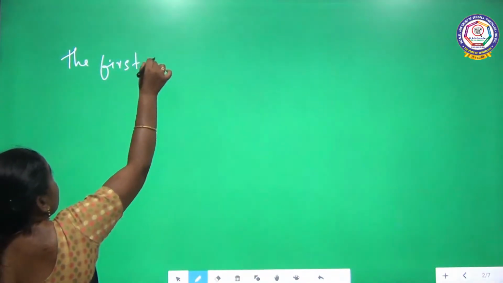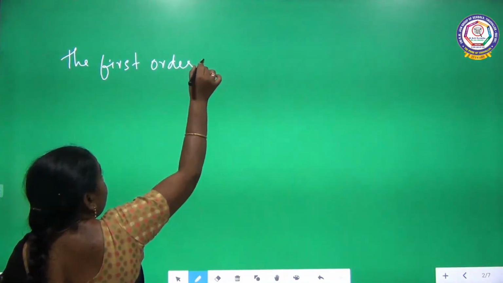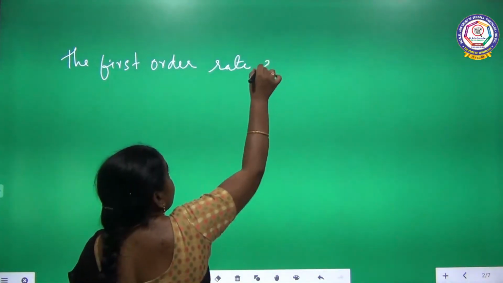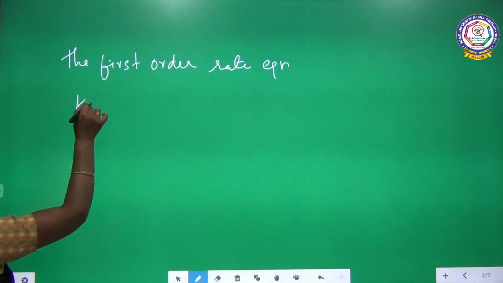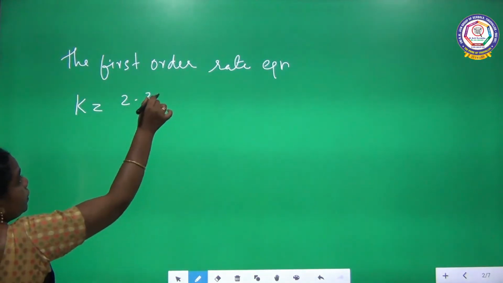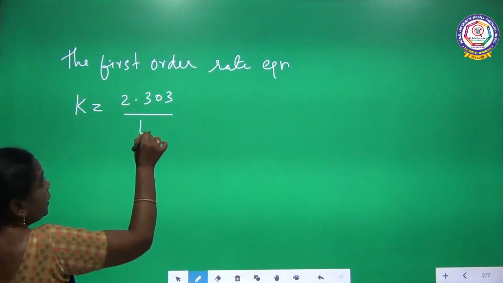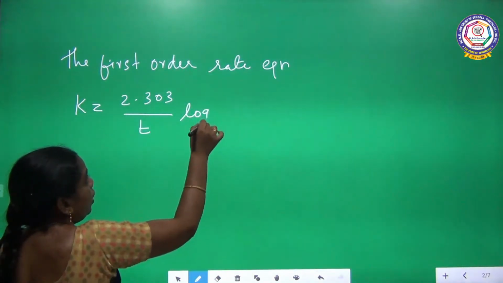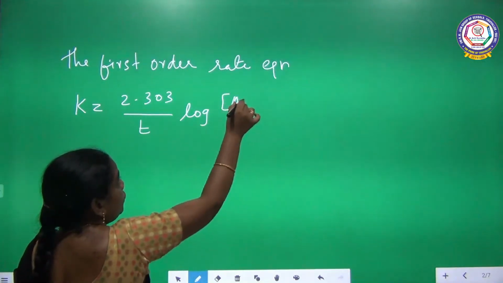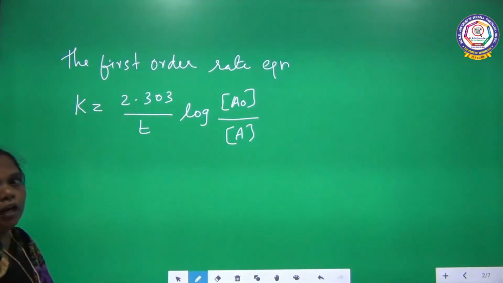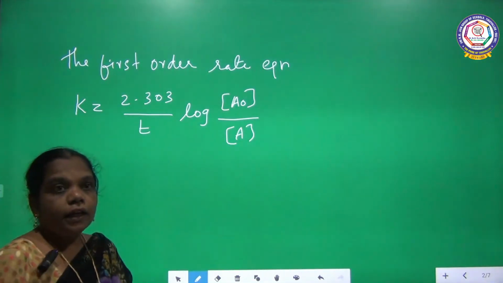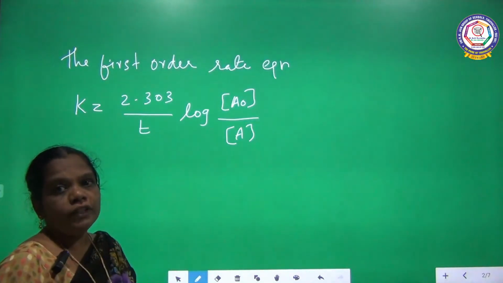So, the first order rate law. The first order rate equation: k equals 2.303 by t log of concentration of A0 by concentration of A. Now, we are going to reduce the initial concentration to half of its value.